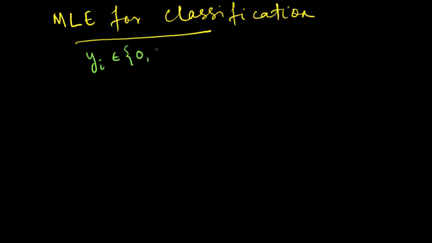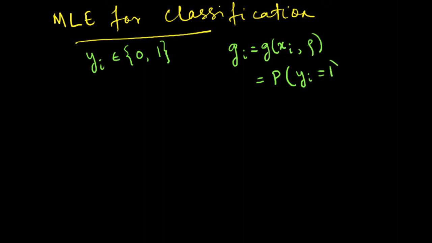So output yi can either be 0 or 1, something like a coin toss. But unlike a coin toss, now we also have some input values xi. So basically, we now define a function gi, which is equal to g of xi comma the parameter values, and basically what gi represents is the probability that the output yi is equal to 1.